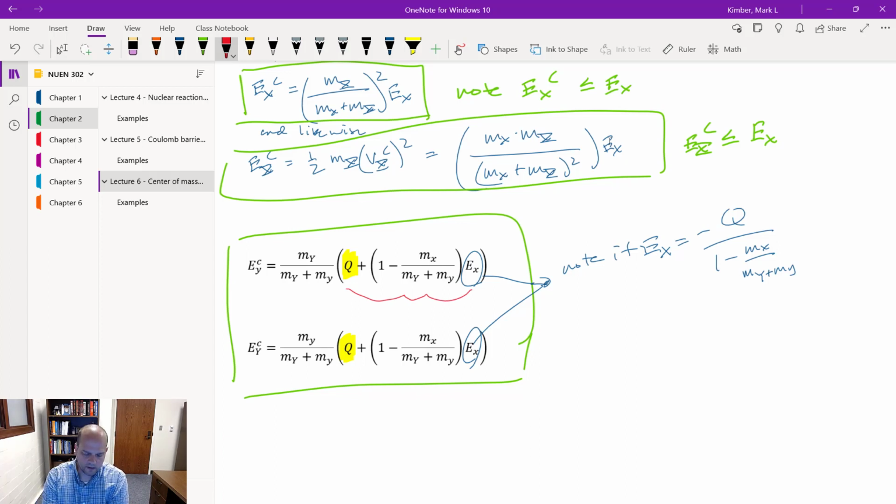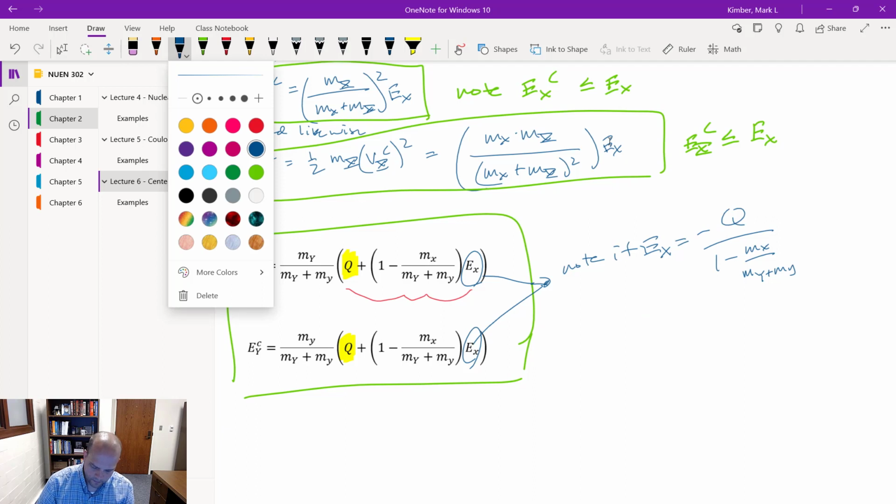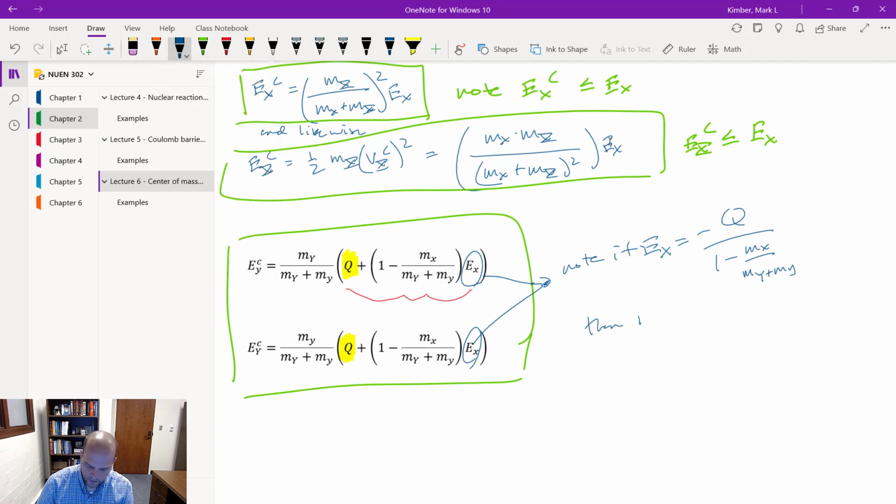And so my kinetic energy of both the heavy and the light product are going to be equal to 0 if this were to be the case. Then EYC equals E capital YC equals 0.